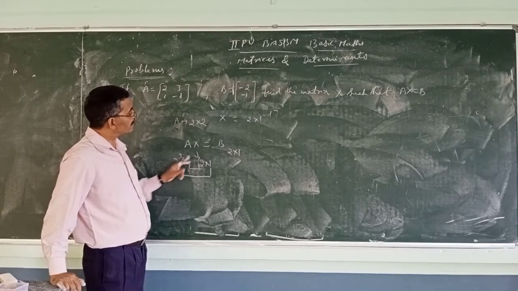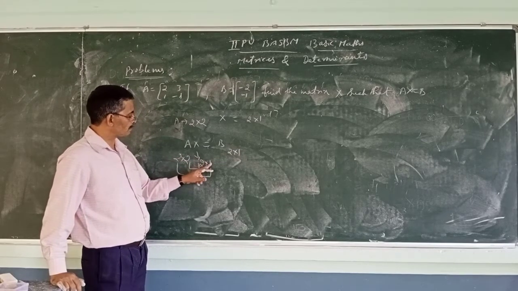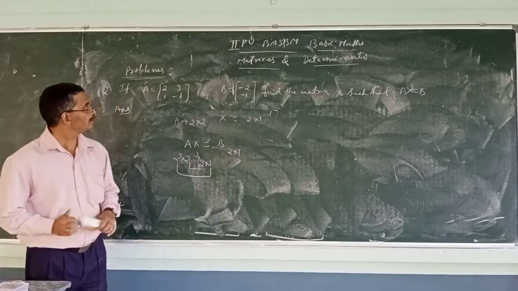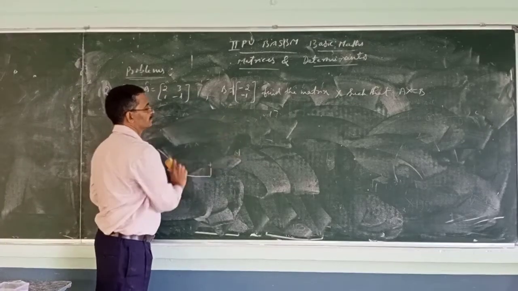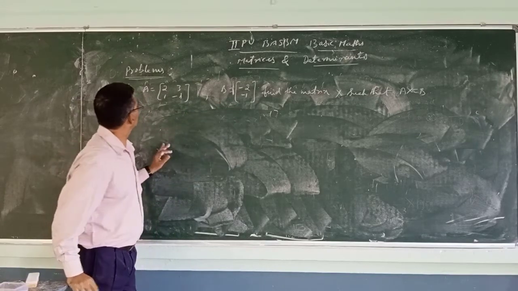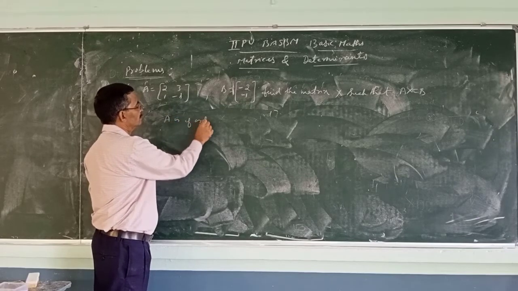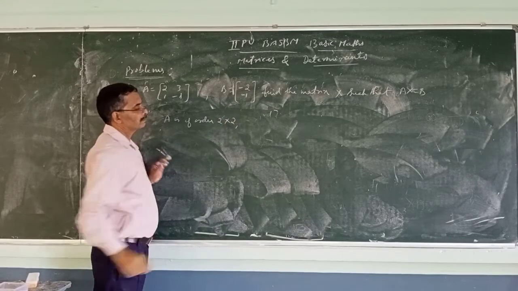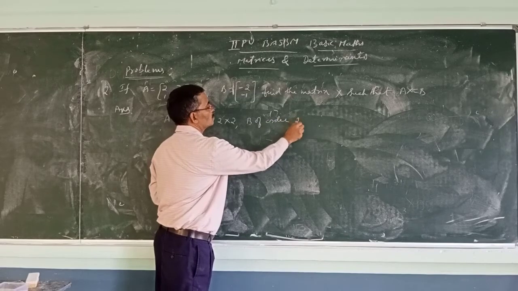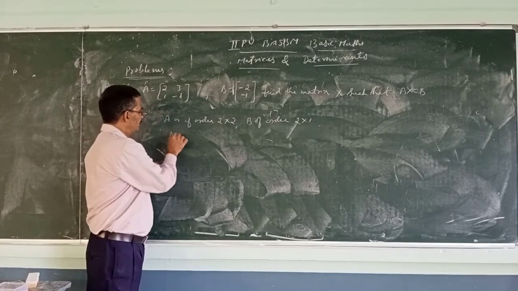What about the result? Result B is 2 cross 1, so the number of columns here should be 1. It is possible only if X is 2 cross 1. So based on that, we will take X. Now A is of order 2 cross 2, B is of order 2 cross 1.